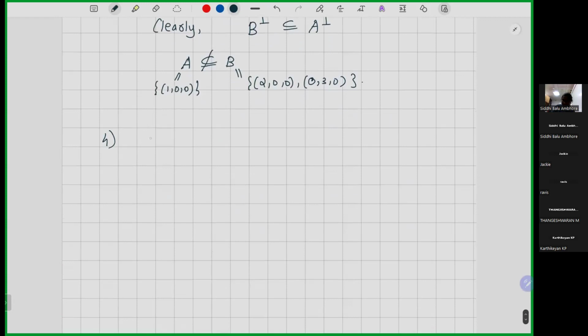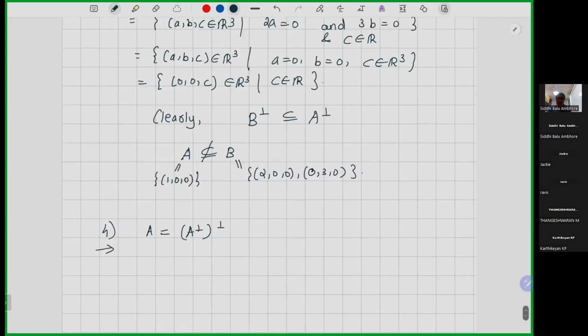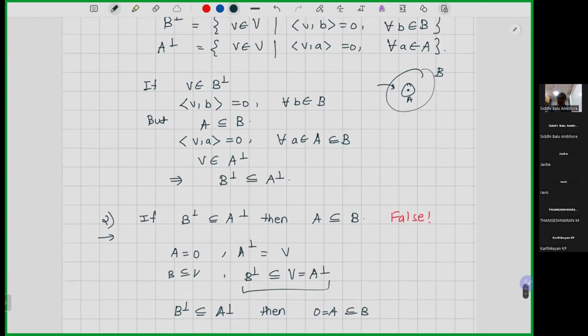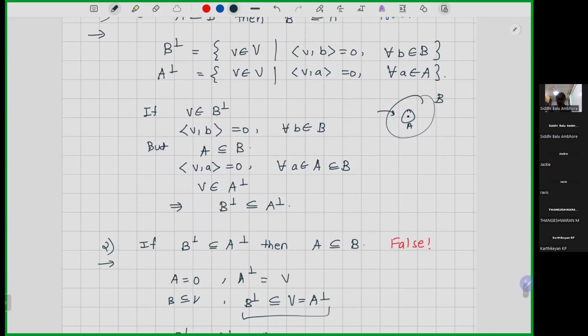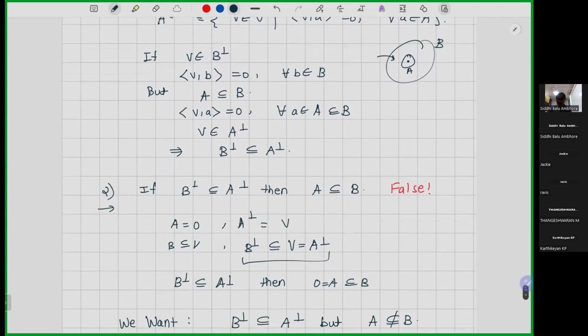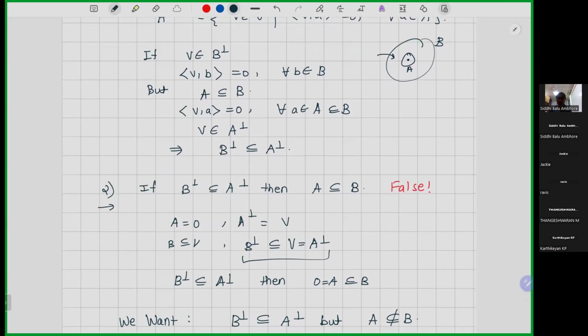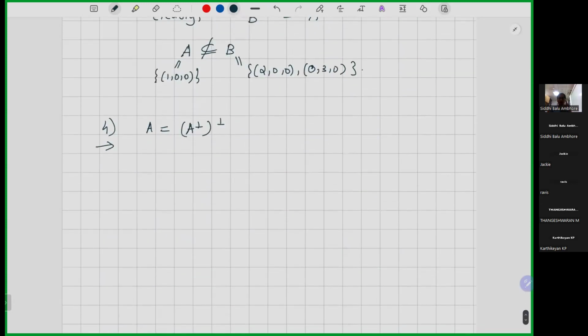Please try to understand that thing, because it will be clear from the next statement, that is, A is equal to A perp perp, that is, the orthogonal complement of the orthogonal complement of A. Okay, for subspaces, both statements will be true. Yes, I guess for subspaces it will be. Yes, for subspaces it will be true.